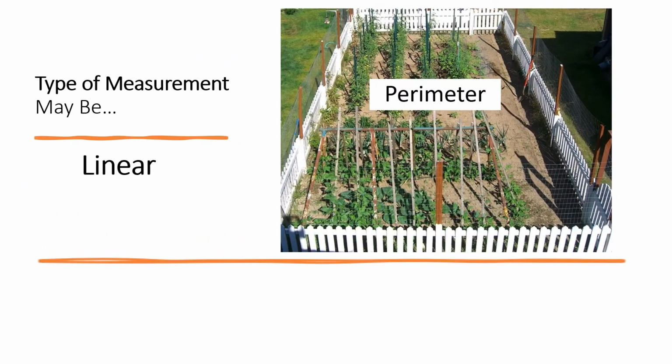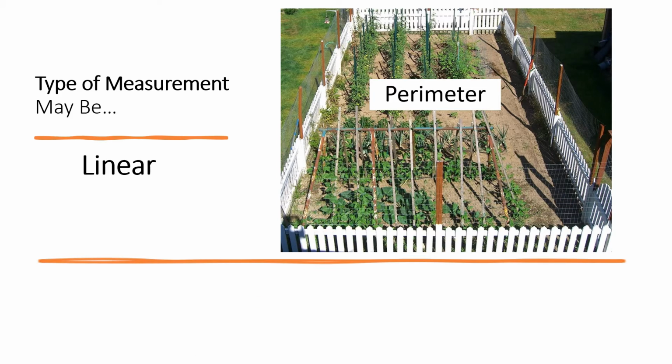Say you gotta buy the fence to go around this garden. So what you would do is get the measurements for the perimeter. What is a perimeter? Perimeter is the length of all the sides, all these sides of an object added together.